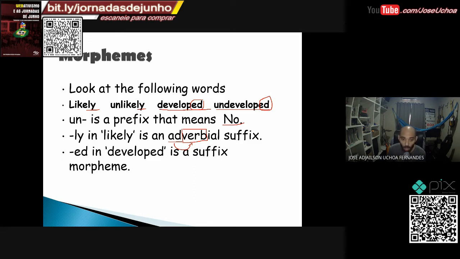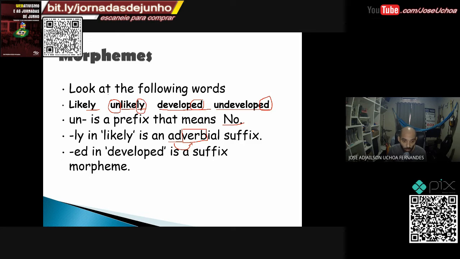For the moment, I want you to know that morphemes happen all around the words. They may be at the beginning, as in unlikely. They may be in the middle, as in like, which you know sometimes is a verb, sometimes it's an adjective, a comparative form, to be like someone. And they may happen at the end of the word.